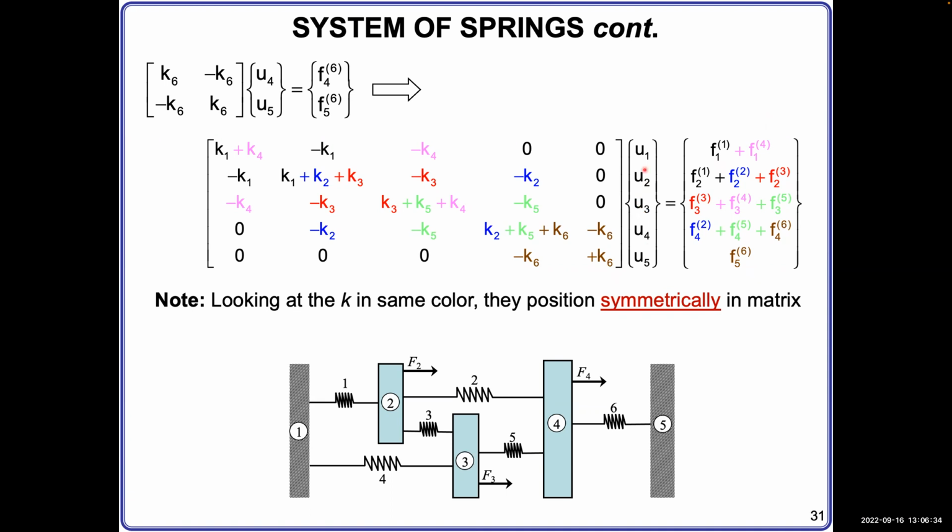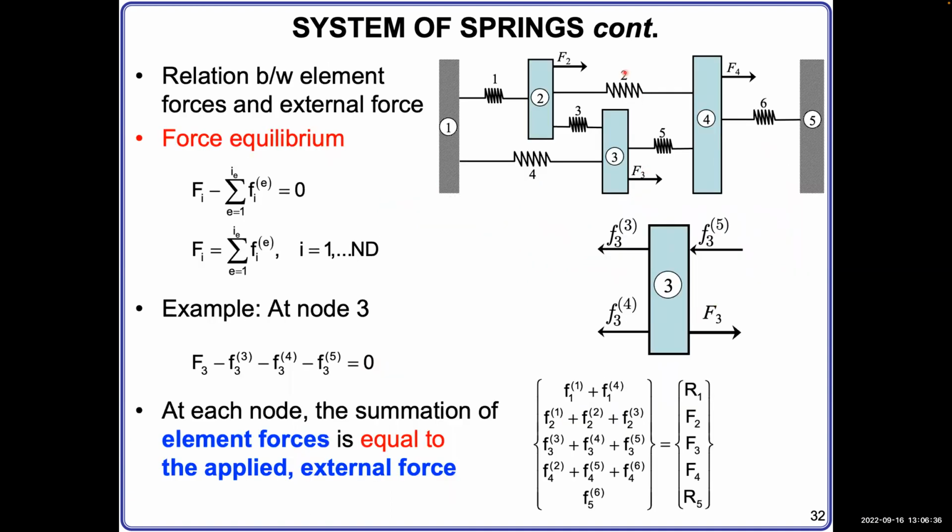Now we talked about how to go even further. Once we have the equation set, then we look into every individual node. Each node is experiencing the force applied by the spring, and the force applied by the spring is in the opposite direction of the force generated inside the spring. So this is always balanced at the node point.